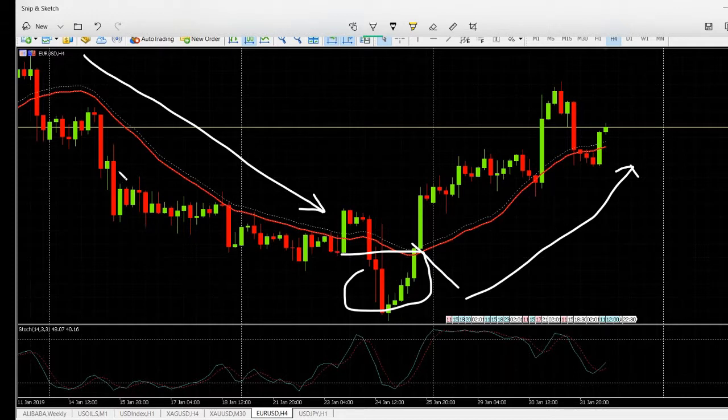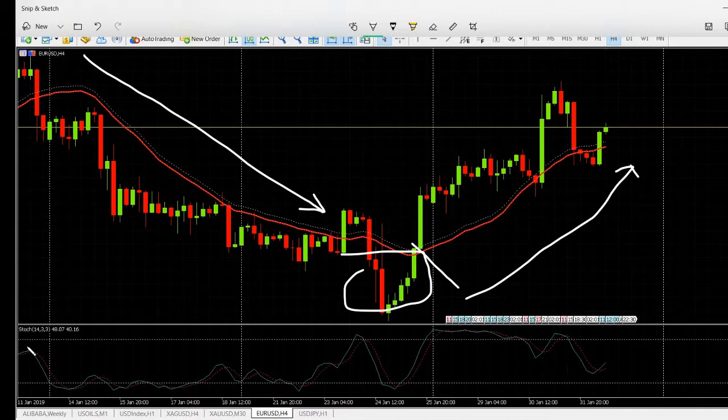Okay, so when you recognize the trend, the best way to trade is not to go for the long here. During this time, you shouldn't go for the long. You should always wait for the short, when you could sell.